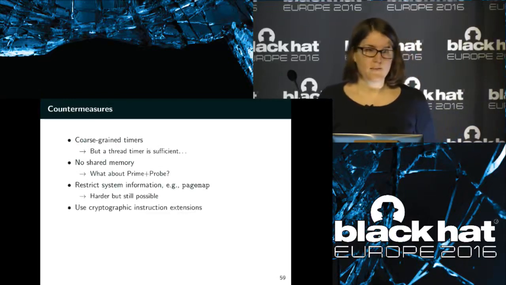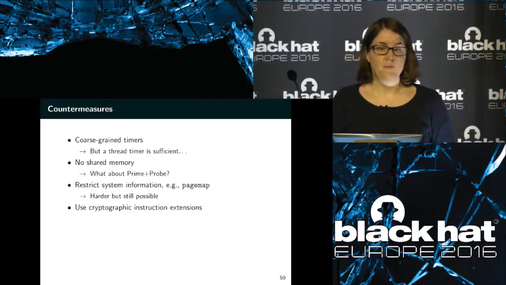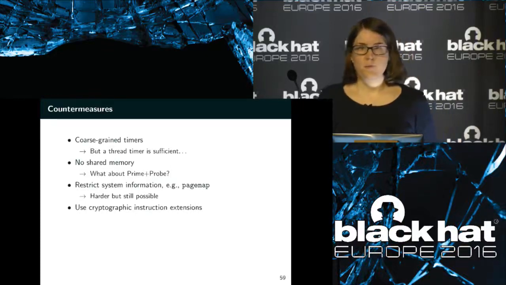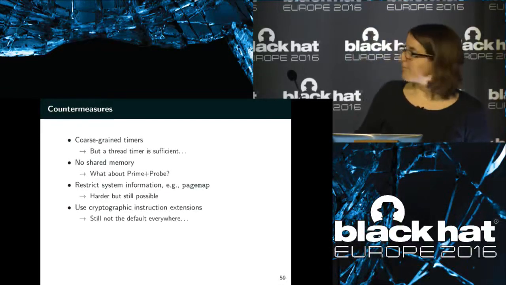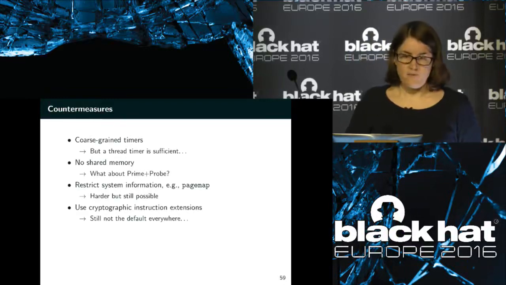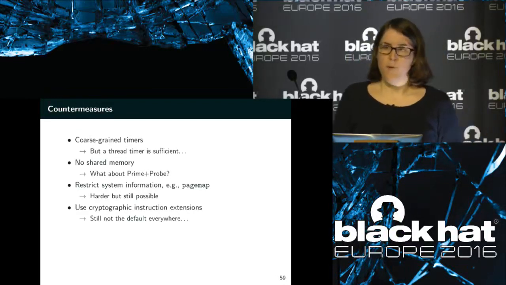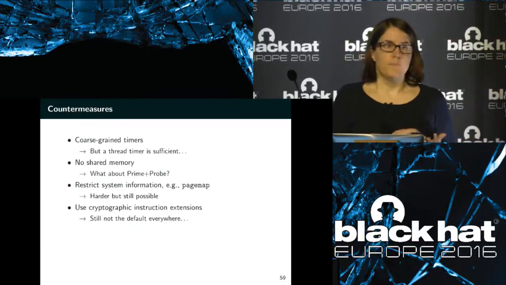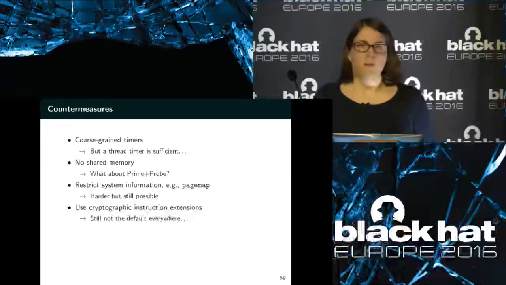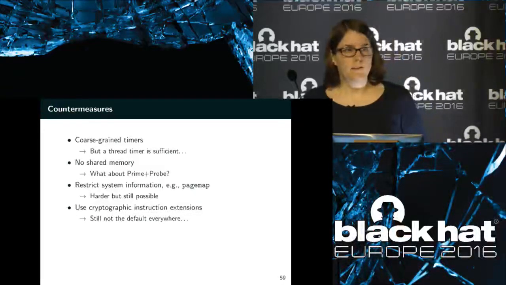Now I think a crucial thing is that on modern smartphones we have cryptographic instruction extensions, so using, like, an AES T-table implementation should not be the case. Yet these instruction extensions are still not the default everywhere. This is really bad. Also, if you have a device that does not have these extensions, we also know how to build software-only crypto algorithms that do not leak any information.